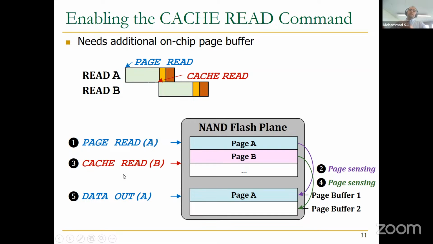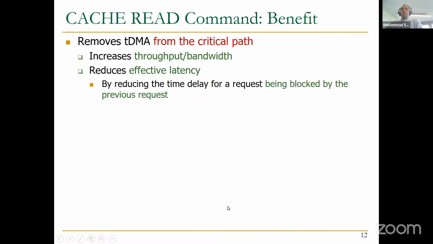In parallel, you can also do cache read B, and the good thing is that you have a spare page buffer for this request. That removes TDMA from the critical path, increases throughput and bandwidth, and reduces effective latency, which is good.